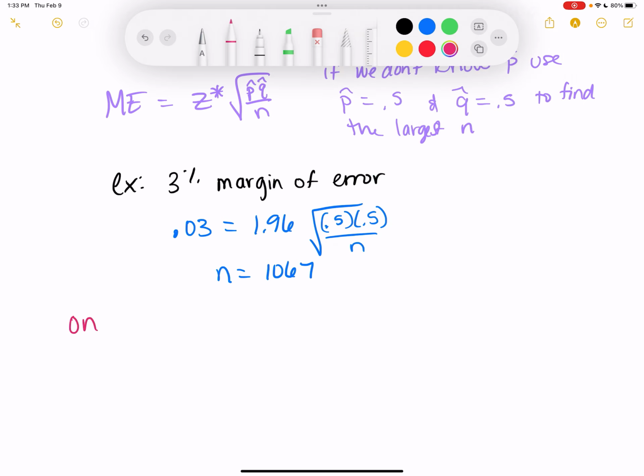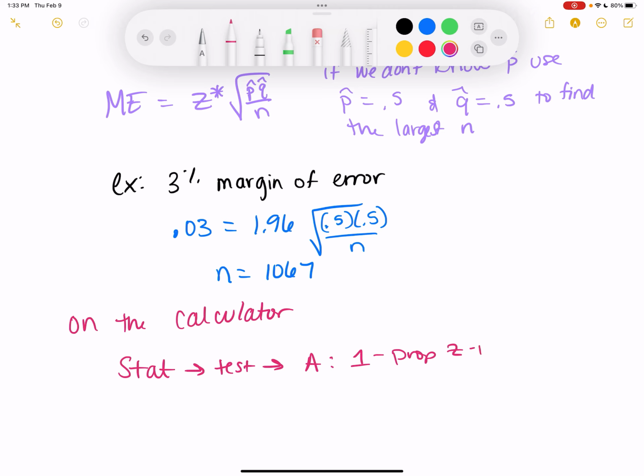So on the calculator, we hit stat, test, and then it's letter A, which is 1-prop Z interval. X is the number of successes, which is a count, so we need whole numbers.